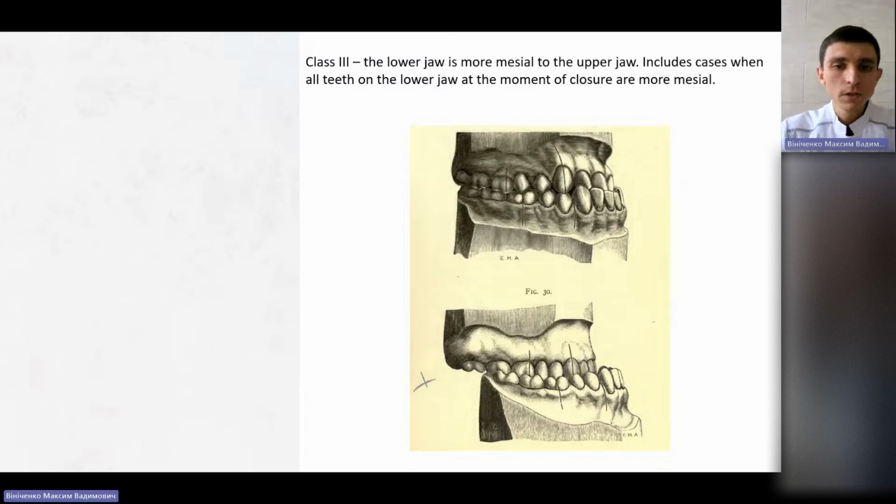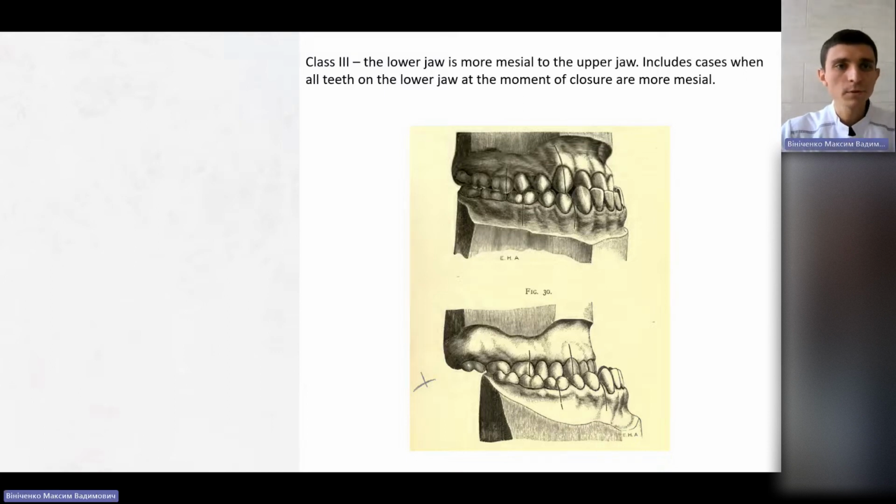Why? Because the alveoli in the area of the incisors have this form, as we can see. From this side, there is a negative field. There is our incisors' position. For example, that is the normal position. But if these teeth have an IMPA of 82, they have this position.